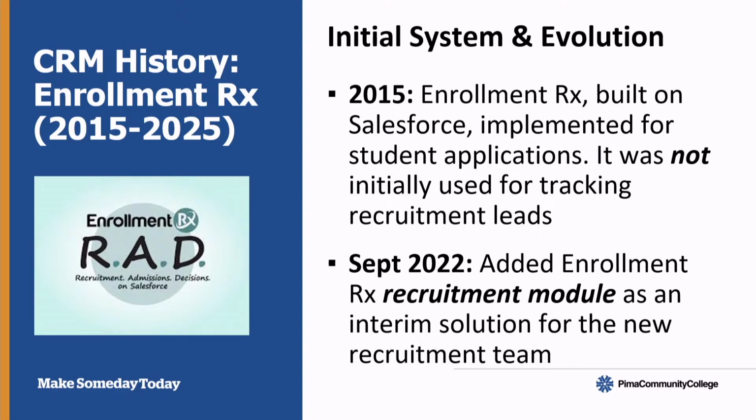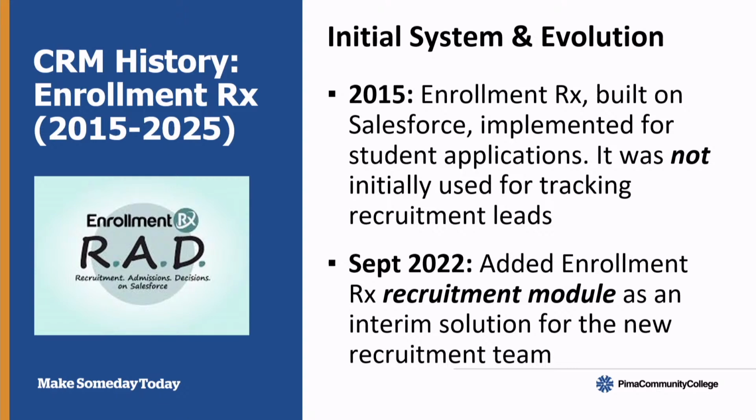Enrollment RX sits on top of Salesforce. It's no secret, Salesforce is a leading CRM out in industry, but the intent was never to get into Salesforce for CRM capability. It could be viewed solely as the database, if you will, behind the student application. So a student would apply to the college and all the data would reside in Salesforce. Some of that passed on to Banner.